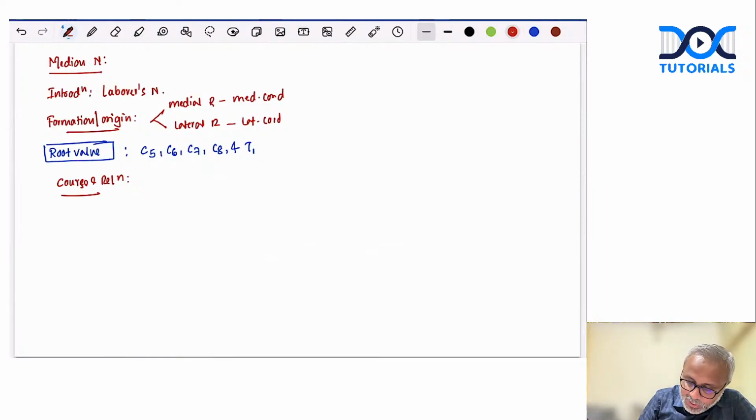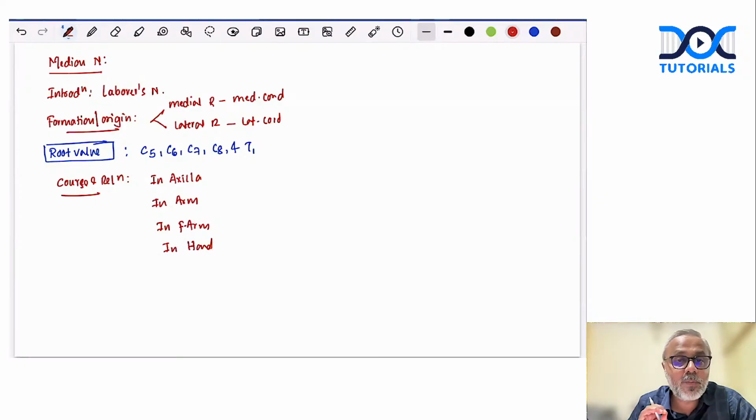Remember, you need to describe it under the headings of in the axilla, then in the arm, then in the forearm, and finally in the hand. This is exactly how you should describe the answer. If you have written like this, the examiners will find it very easy to evaluate. So this is how we should write it.